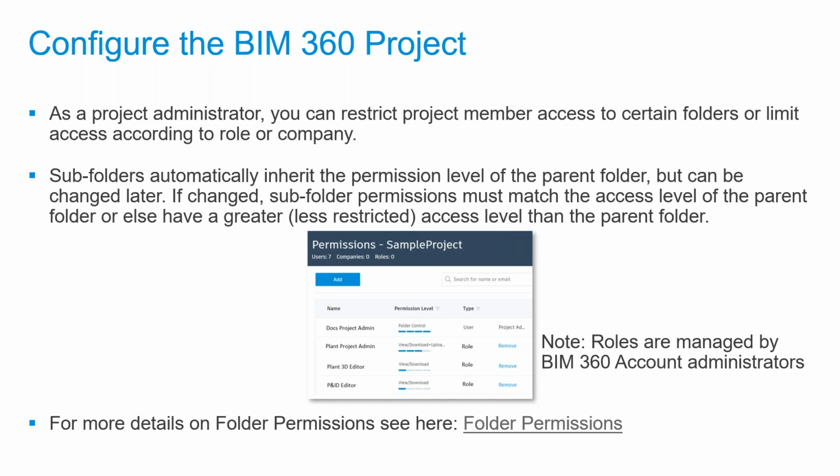With subfolders, you can change it, but it has to be a greater level of access than what's at the folder above. I think that's just a restriction of how the hierarchy works, but that's how you have to configure it down on the lower levels as far as the folders go.